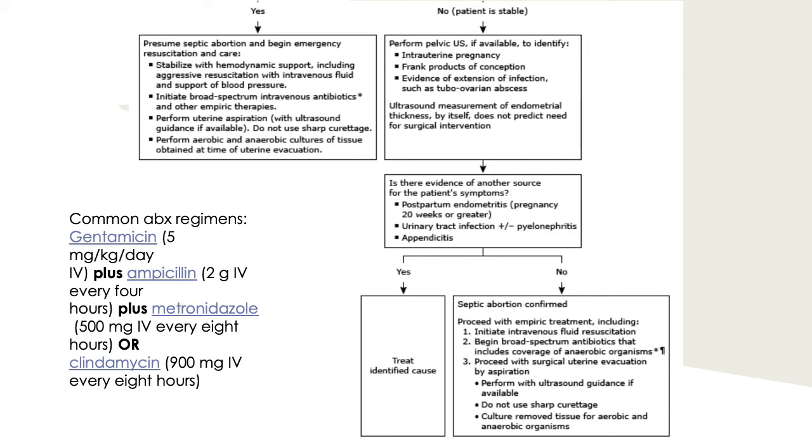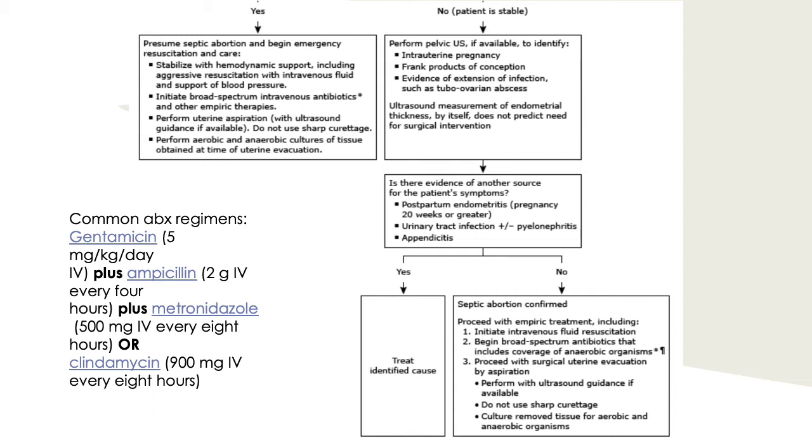So if they do meet that criteria, or if they're hemodynamically unstable, you presume septic abortion and begin emergency resuscitation and care, which includes stabilize with hemodynamic support, including aggressive resuscitation with IV fluids and supportive blood pressure, initiate broad-spectrum IV antibiotics and other empiric therapies, perform uterine aspiration, ideally with ultrasound guidance, and do not use sharp curettage. And we'll talk a little bit later about why.